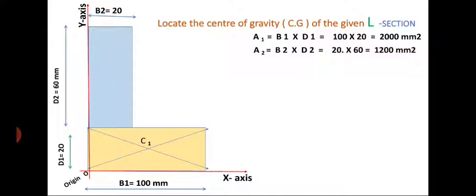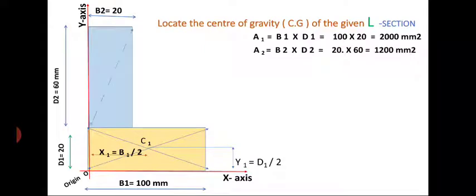First of all, the center of gravity of a parallelogram or a rectangle is at the point where its diagonals meet each other. Therefore, C1 is the centroid of the bottom rectangle, at a distance of x1 from the y axis and y1 from the x axis.